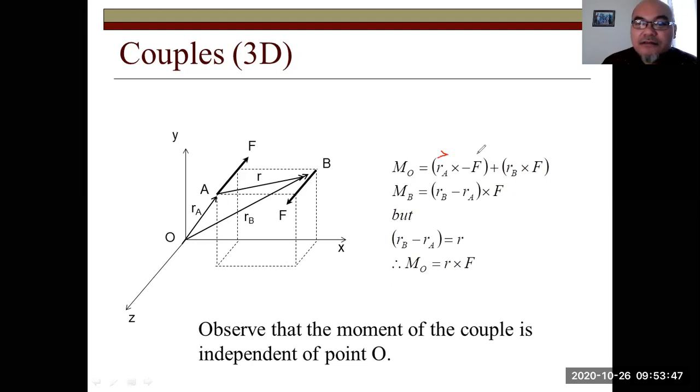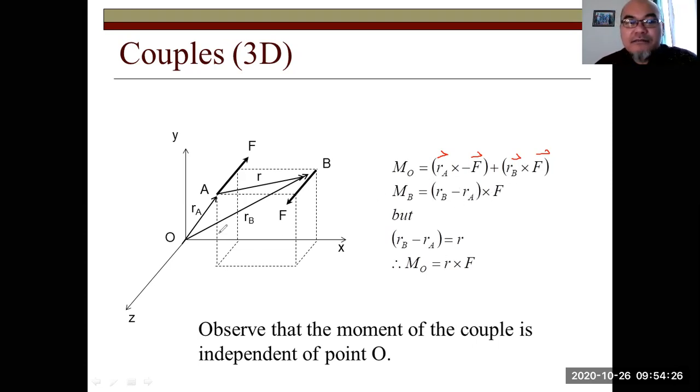These are all in vector, so be careful in 3 dimensions. You have to express everything in vector. This is just because it is in PowerPoint, then it is written in italics notation. So the moment about point O is RB minus RA cross F. This is the moment due to the couples.